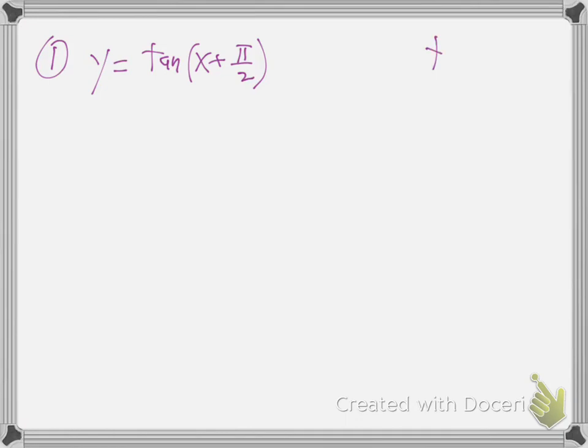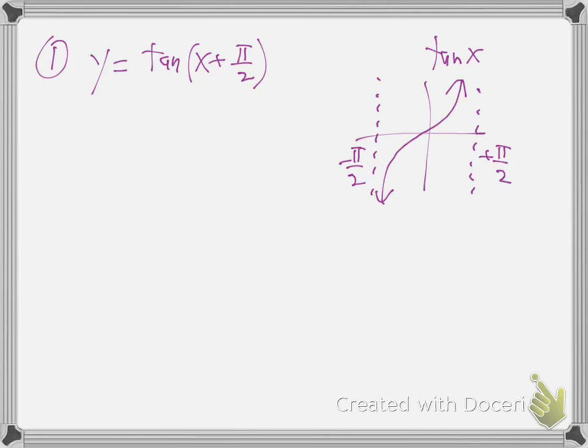Well, again, remember that the original tangent has vertical asymptotes at negative pi over 2 and positive pi over 2, and it does a snake right in the middle, in between the two vertical asymptotes. And it goes on forever, right? There are more snakes to the right and more snakes to the left forever.